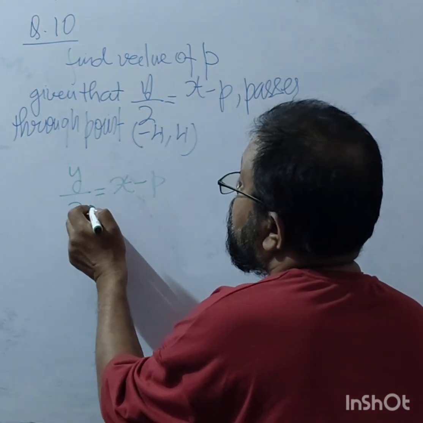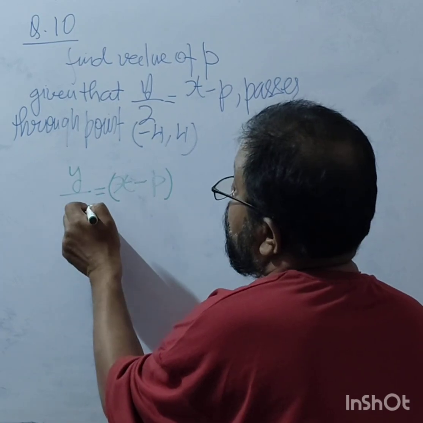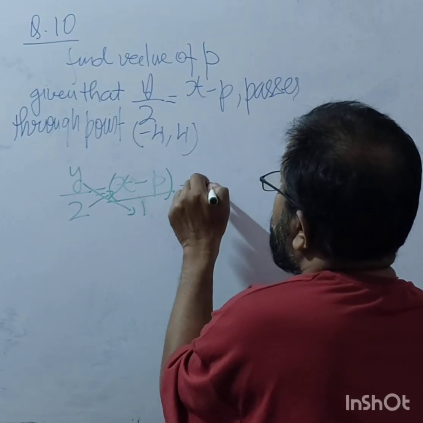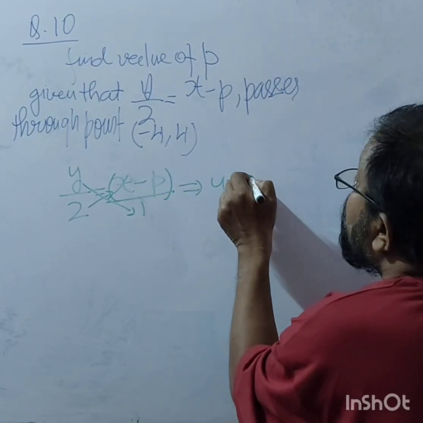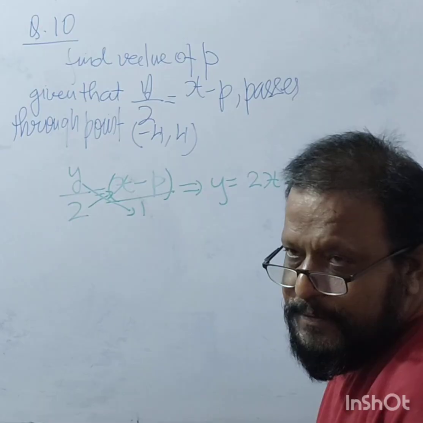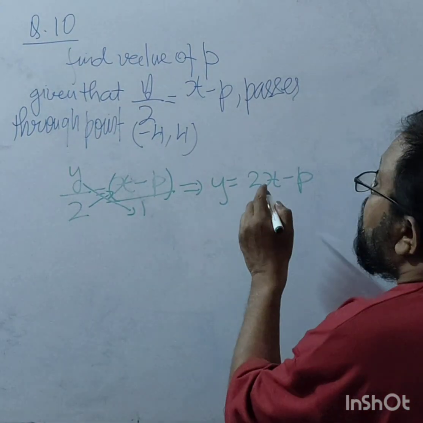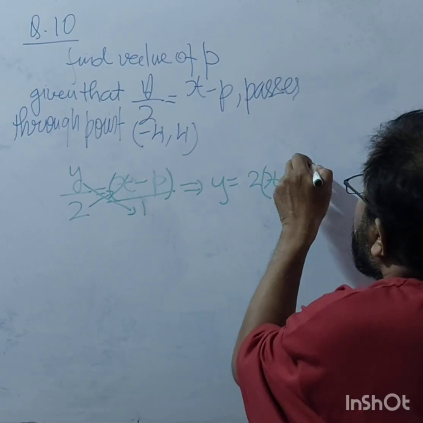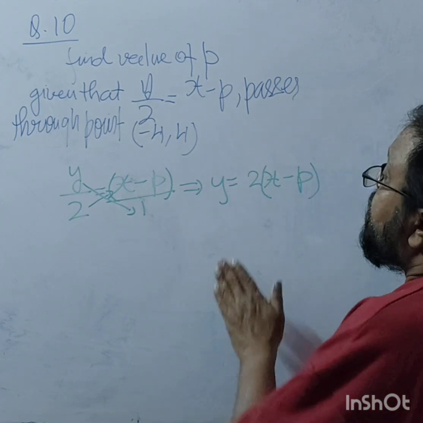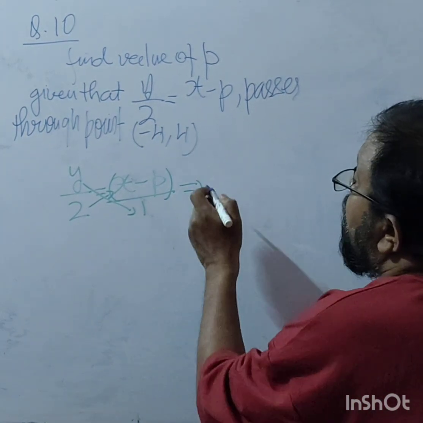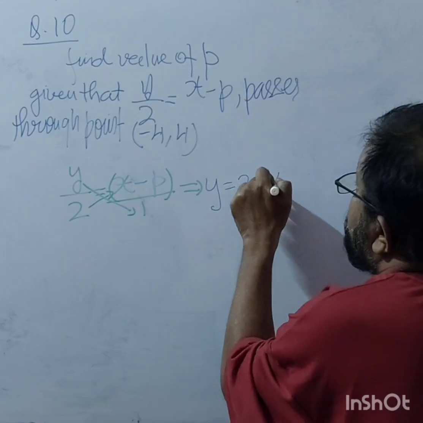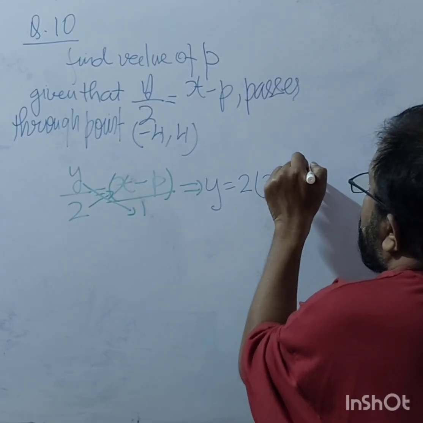So you cross multiply this by 2, take 1 in the denominator, and you can write y is equal to 2 bracket x minus p, right? Cross multiply, I wrote this, y is equal to 2 bracket x minus p.